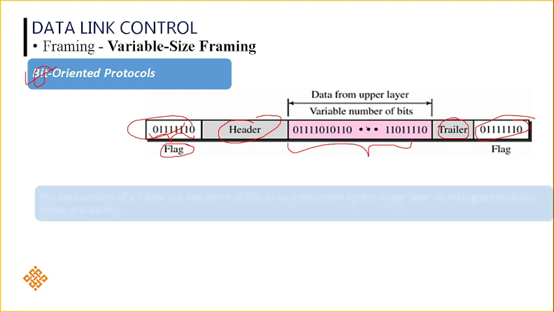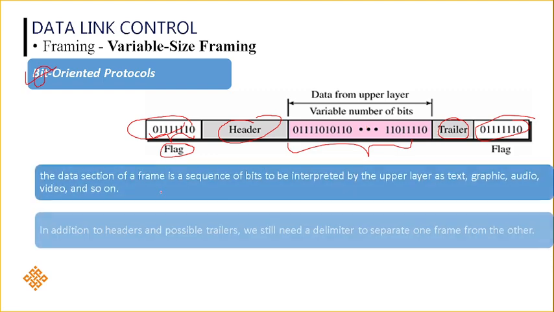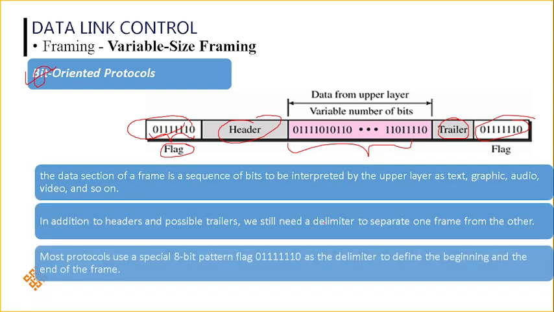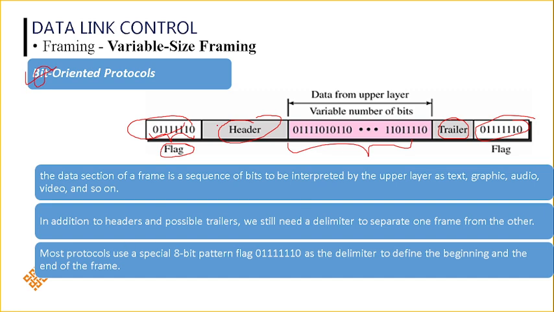Same thing as I told you. But here the problem is, in case your original information again contains the sequence of bits like 0, 6 ones, and 0, then mistakenly the protocol will identify it as the end of the frame. So in order to avoid that, again you need to add some escape character here.